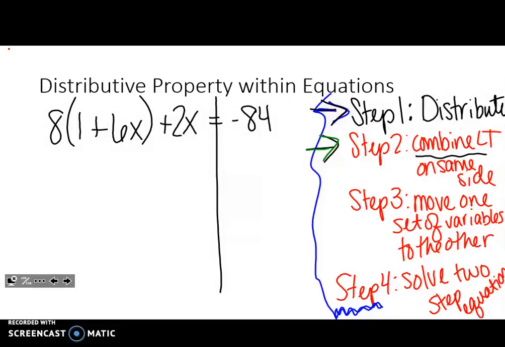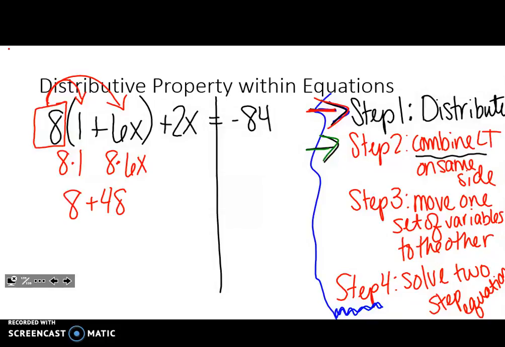Alright, so step 1 is to distribute. So I'm going to distribute this positive 8 to both numbers on the inside. So I'm taking 8 times 1 and 8 times 6x. I'm going to bring down this 2x because I haven't used it yet.